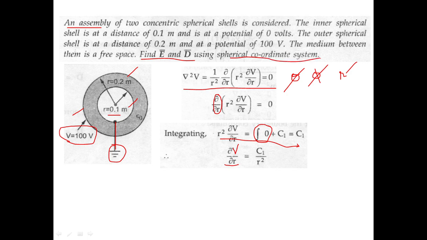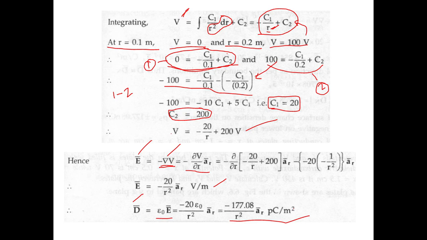First we find C1 and C2, then we get V. From this we get the E vector, and then the D vector. So this is how you solve this problem. We'll move on to the next problem.